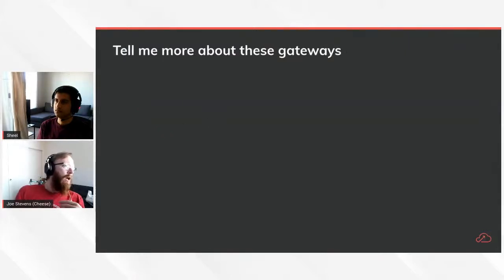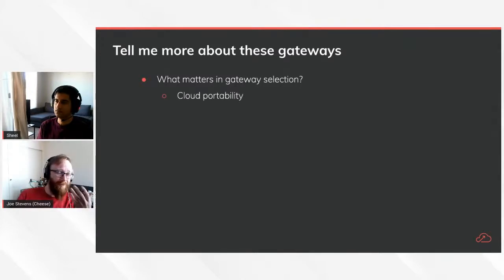Getting a little further into these gateways. So what are the things that actually matter in your gateway selection? Off the bat, we are a multi-cloud company, so we run in Azure, Amazon, and GCP. So for our use cases, cloud portability is really important.